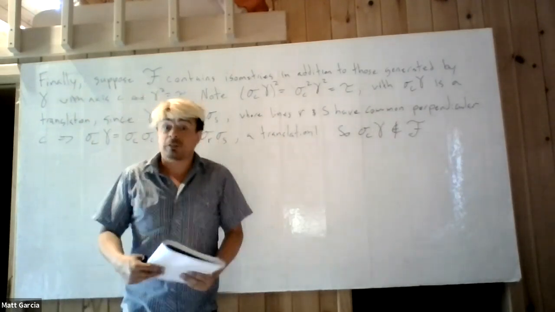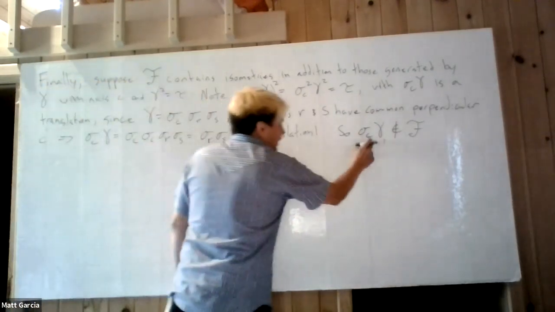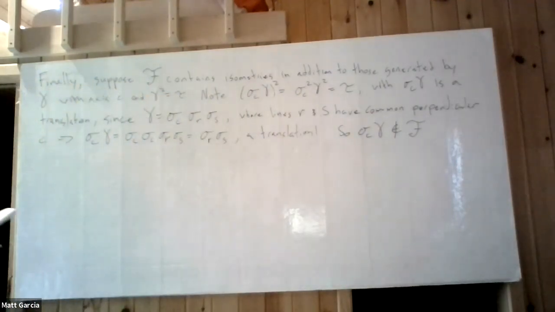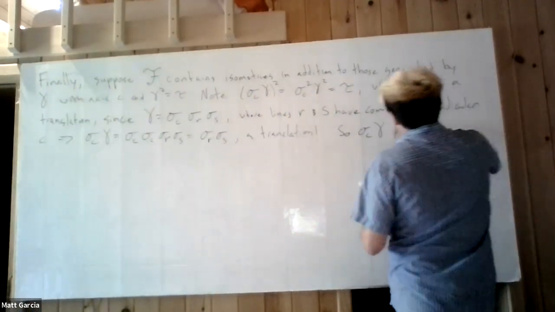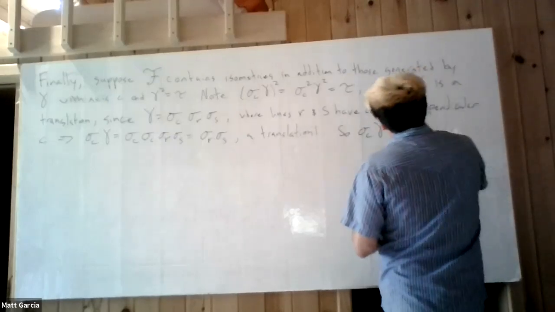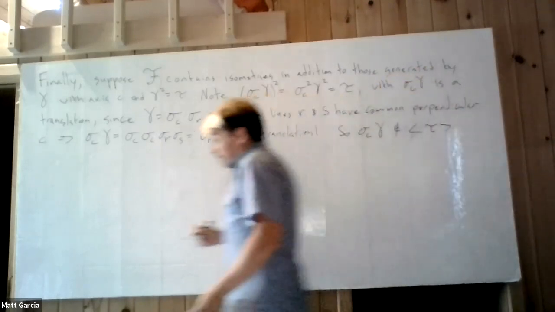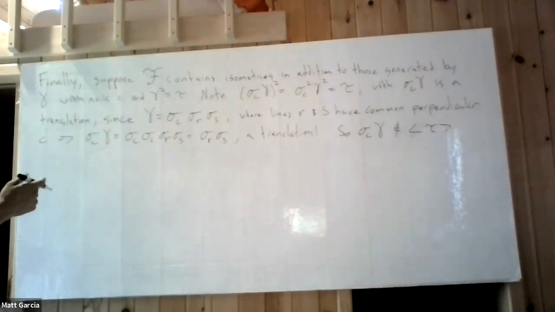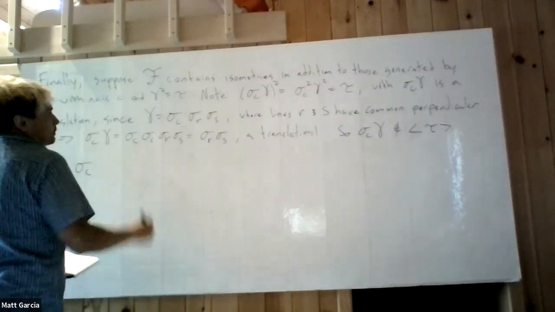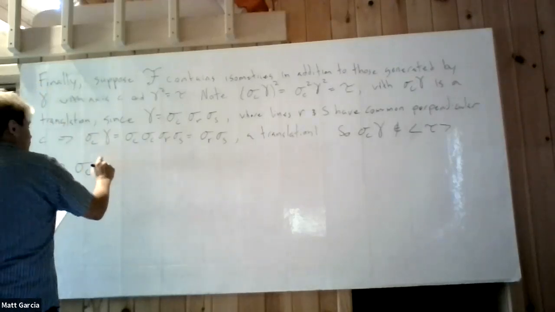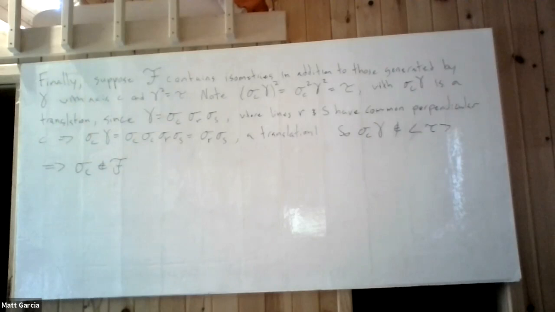I can't have that if all the translations are supposed to be generated by tau. Okay, so therefore, this translation, sigma C gamma, is not in F. Or rather, I'm sorry, what we really should say is that this is not in the subgroup of translations of F generated by just tau, which in turn implies that sigma C is not in F. Okay.